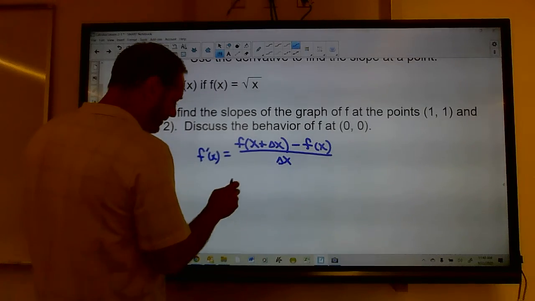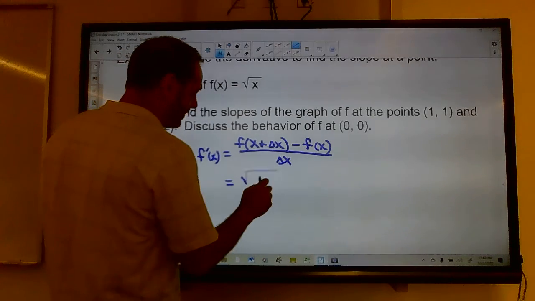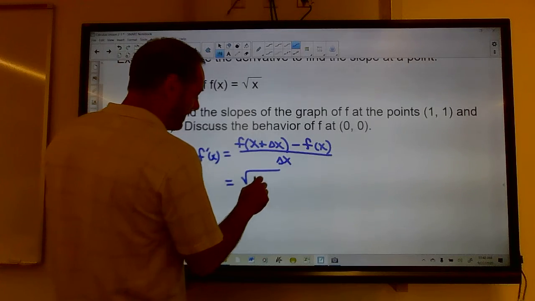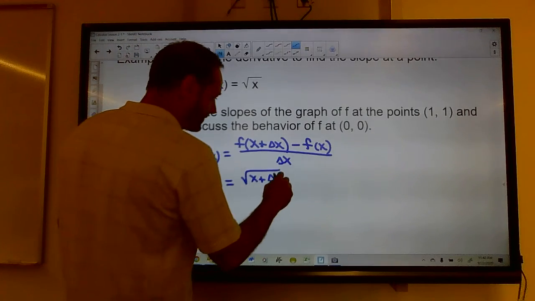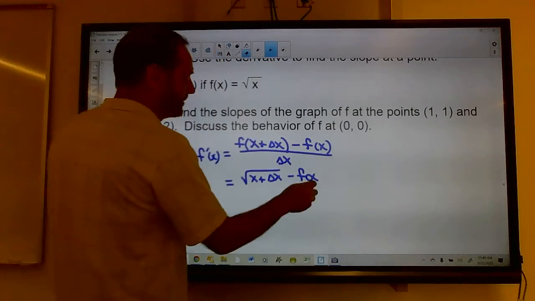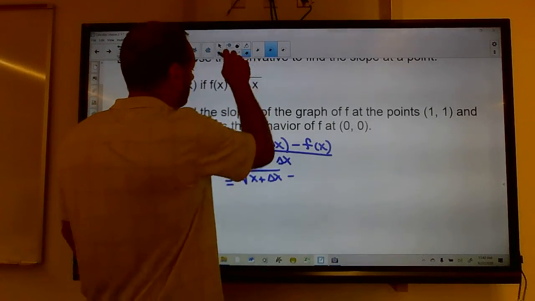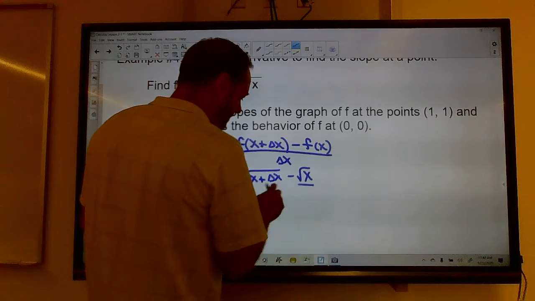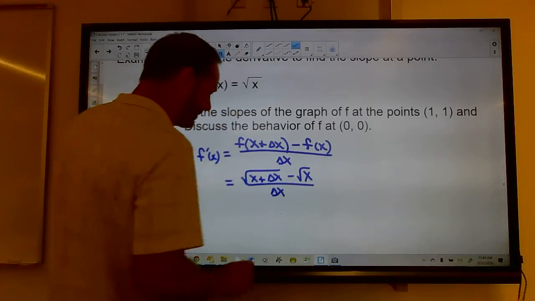So I'm going to have the square root of x plus delta x minus f of x. In that case, f of x is going to be the square root of x, all over delta x.